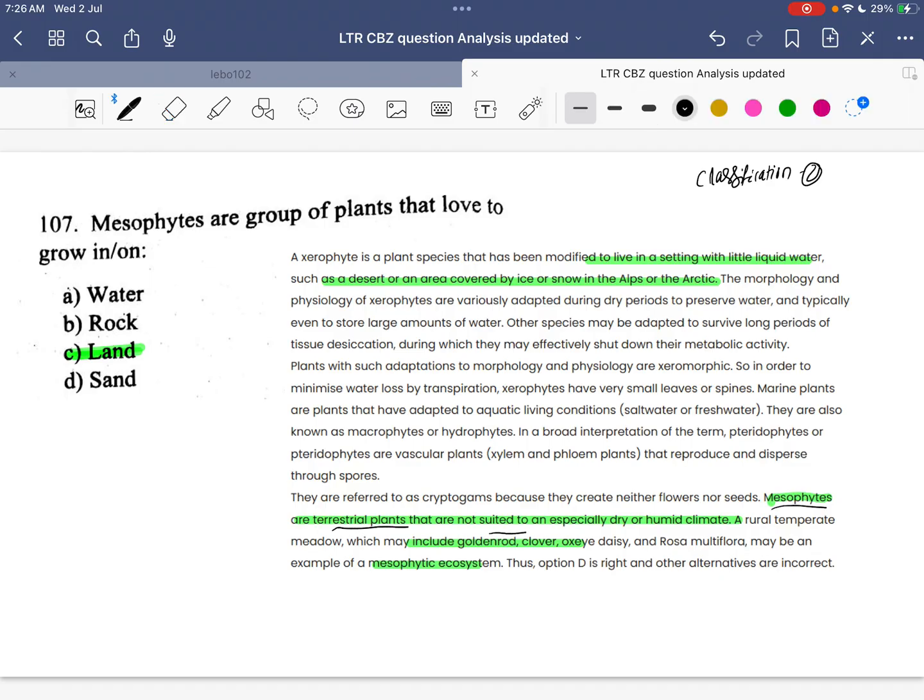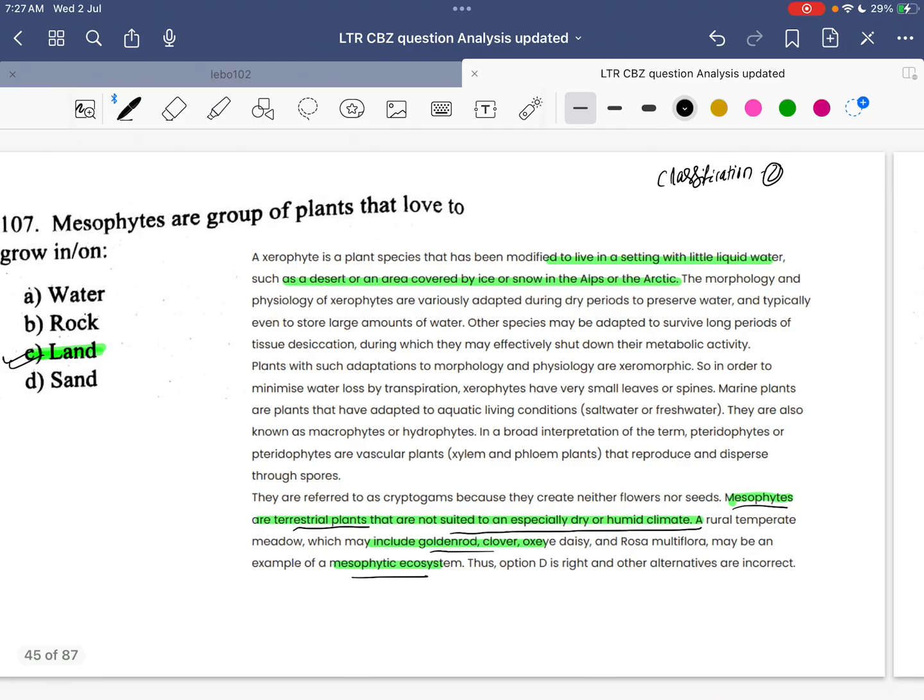Mesophytes are terrestrial plants that are not suited to especially dry or humid climates, for example a rural temperate meadow, which may include goldenrod and clover. These are examples of mesophytic ecosystems. So land will be the correct answer.